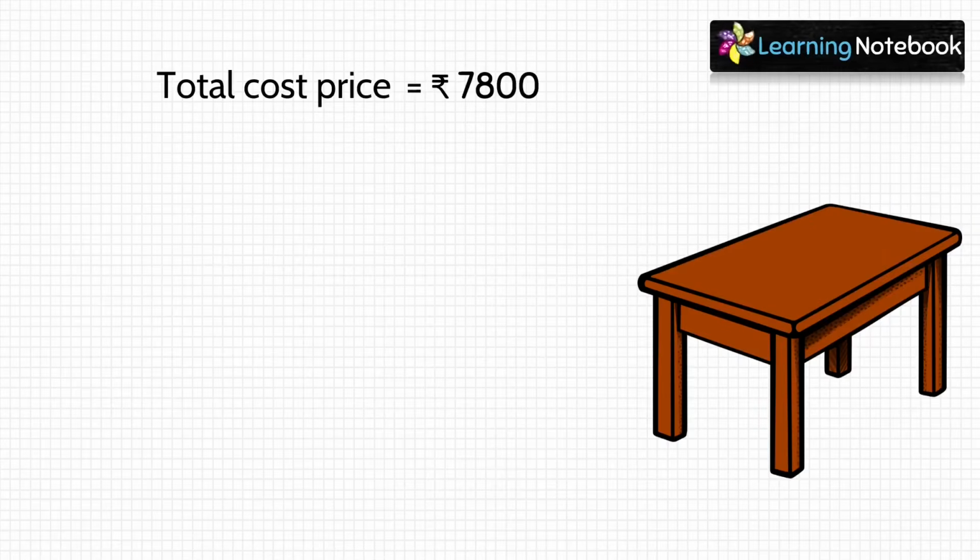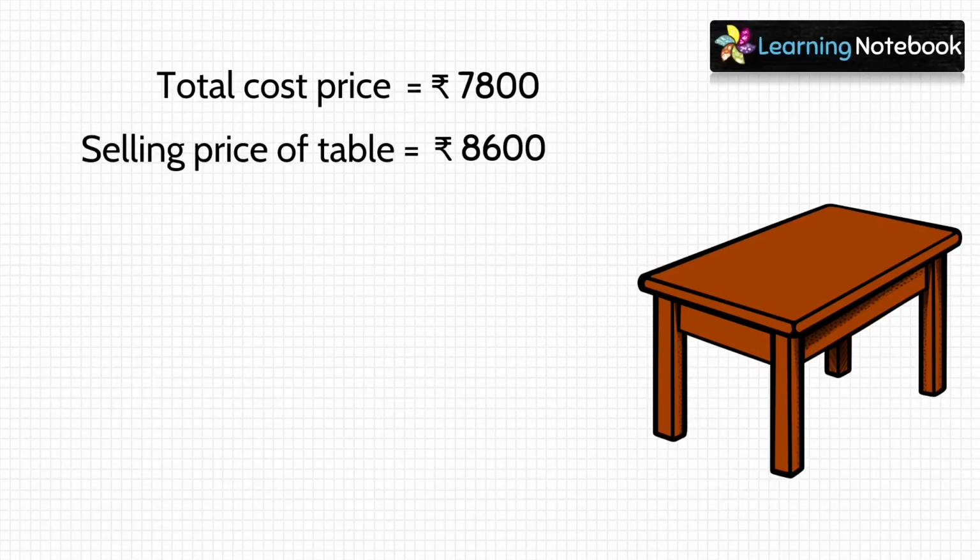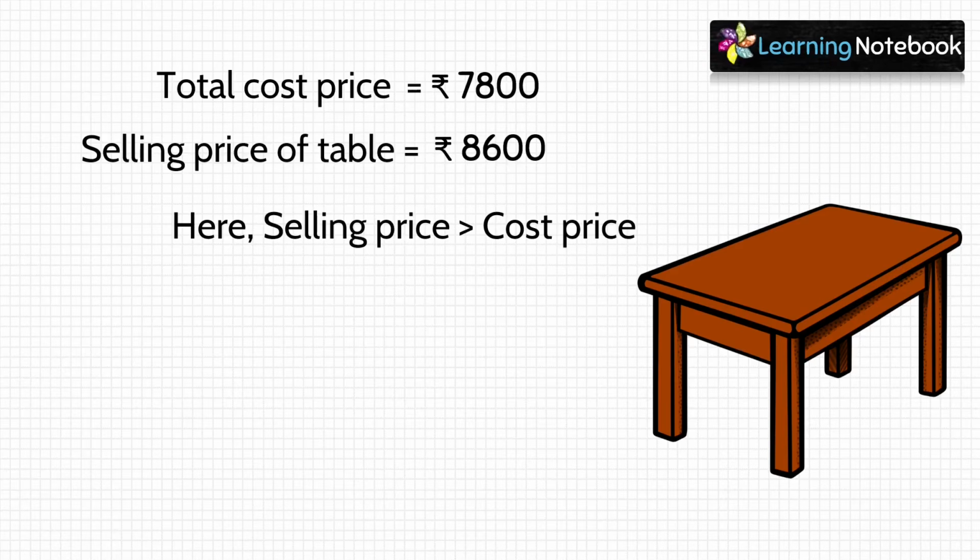So now we know the cost price of the table as 7,800 and selling price is given as rupees 8,600. So clearly selling price is greater than cost price. It means there is a profit.